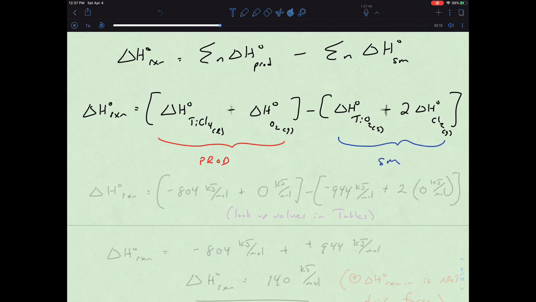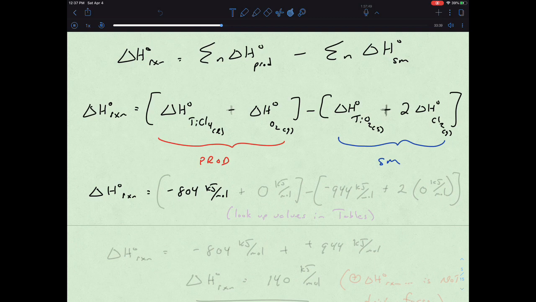So here's where we need to go to tables and actually plug in these actual values. Our enthalpy of formation of titanium tetrachloride is a negative 804 kilojoules per mole.